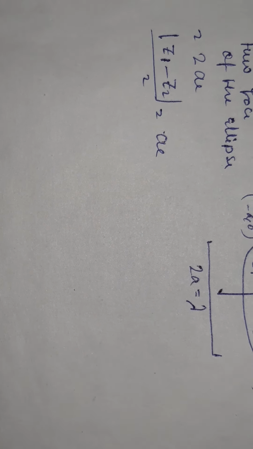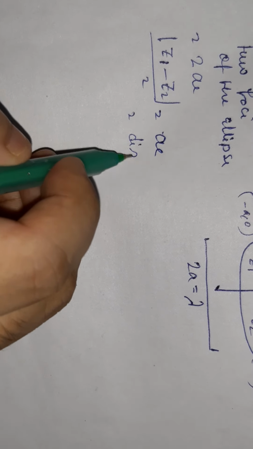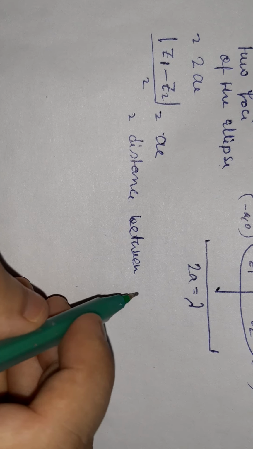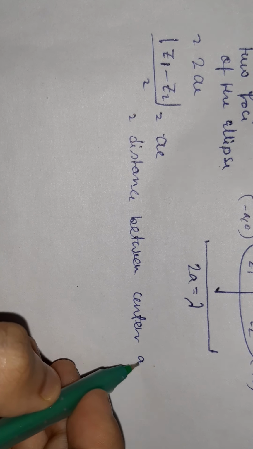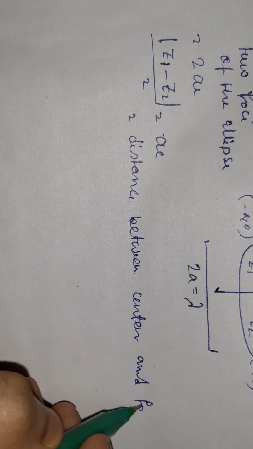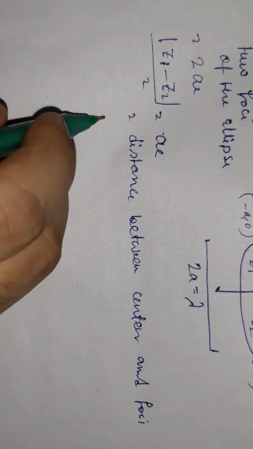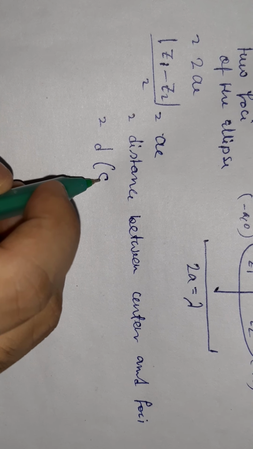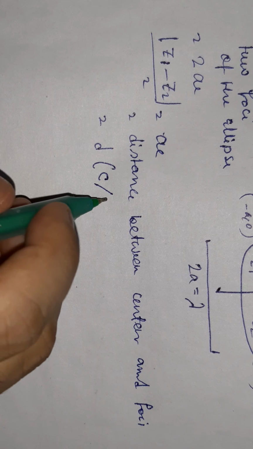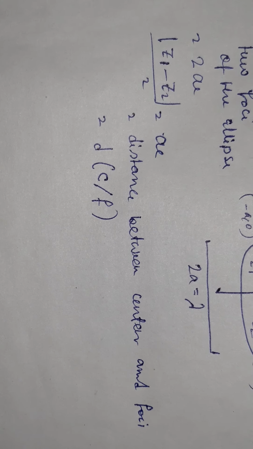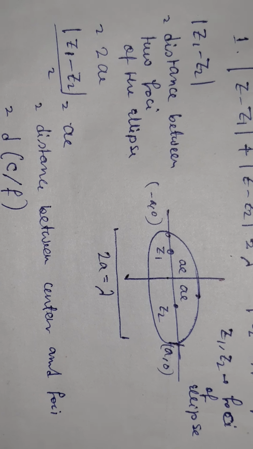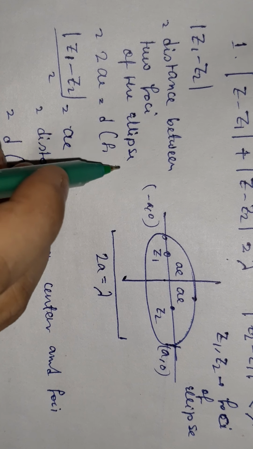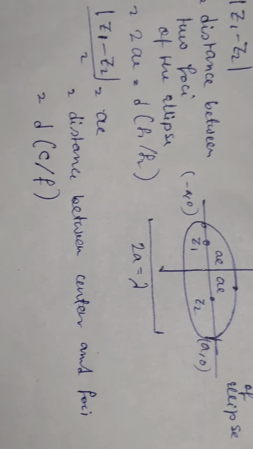And this ae is nothing but the distance between the center and the focus, which symbolically we can write as the distance between the center and focus f. Here it is the distance between focus 1 and focus 2.